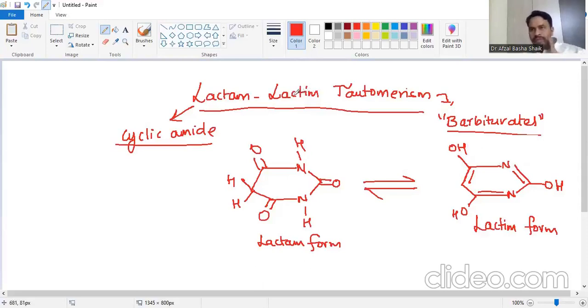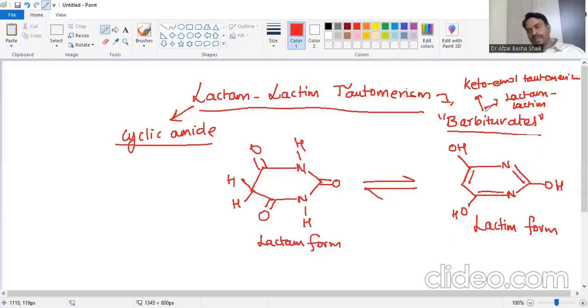Sometimes in the competitive examination, they will give that barbiturates will exhibit keto-enol tautomerism as well as lactam-lactim tautomerism. If you see here, it is a keto group, and this is an enol, and this is an amide bond, and this is an imidol bond, right?